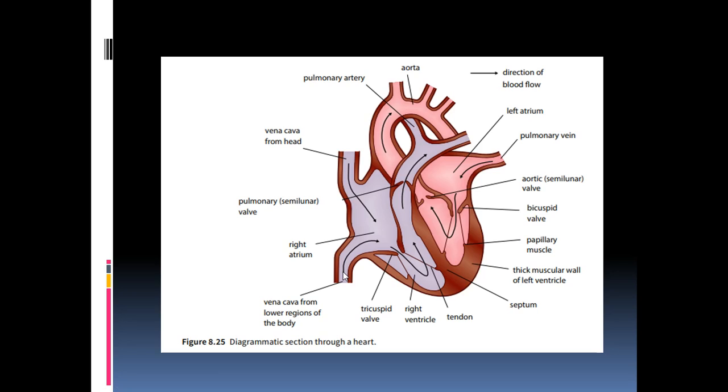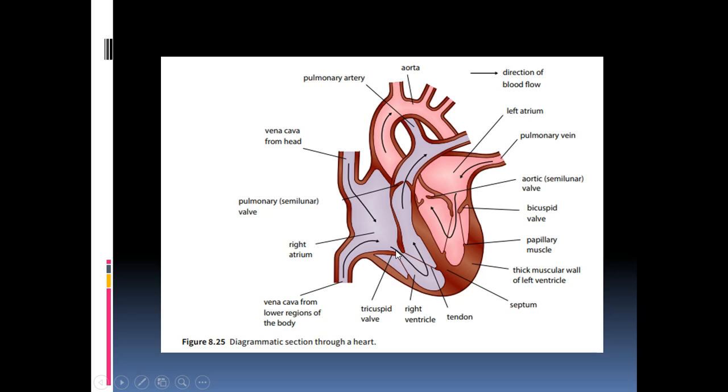So blood from vena cava will be poured down into the right atrium. When atrium contracts, blood will be pushed into the right ventricle through a valve known as tricuspid valve.